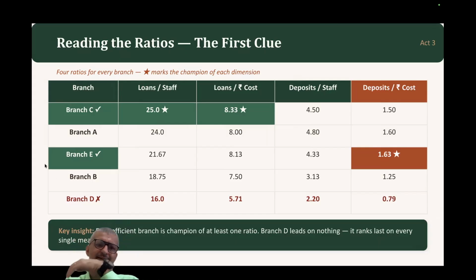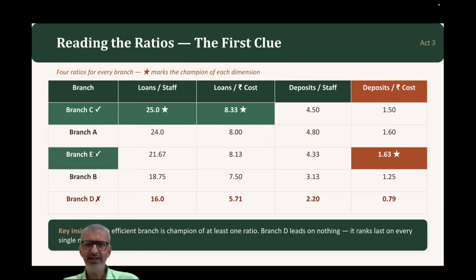Now, key insight is each efficient branch is good at one of the ratios. At least one ratio, it is the best. So if you look at branch C, its loans by staff ratio is 25, which is the highest, and also its loans per unit of cost 8.33 is also the highest. So branch C ranks number 1 or ranks well.